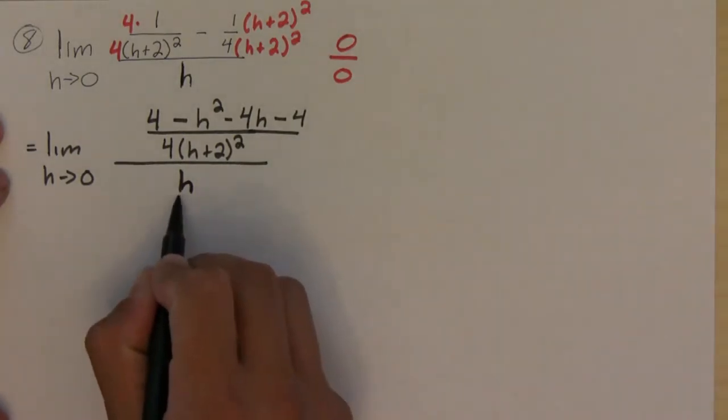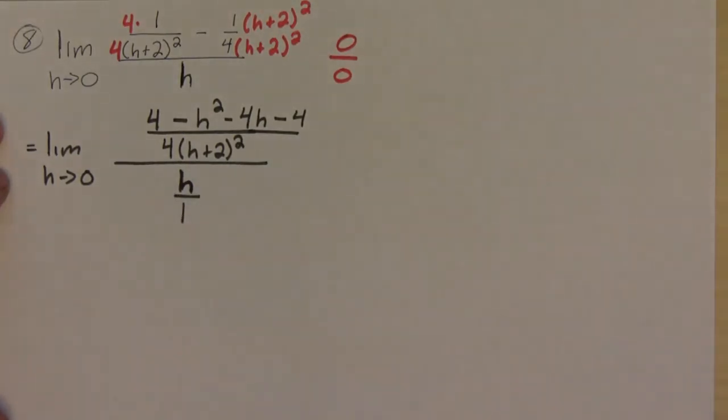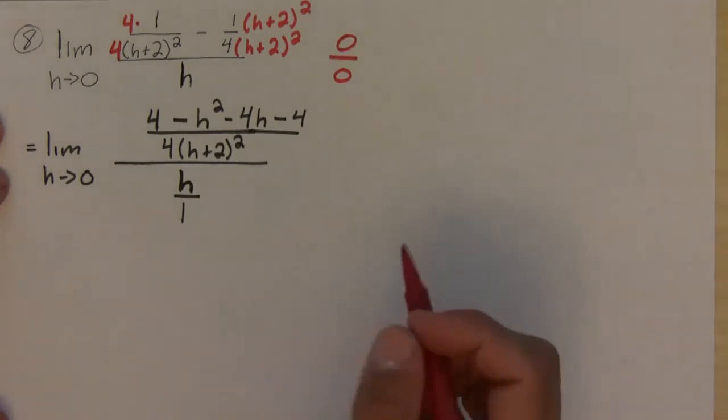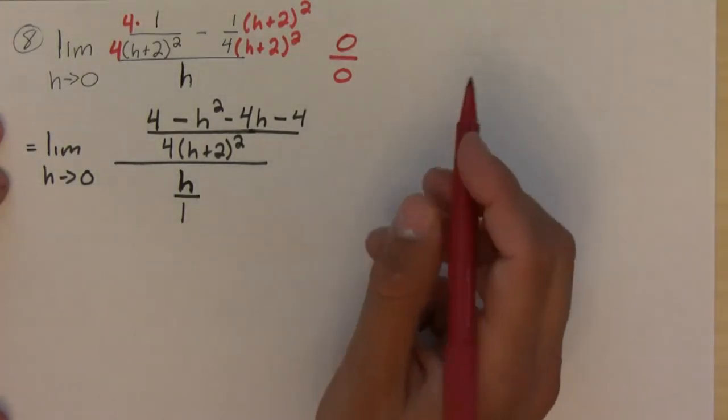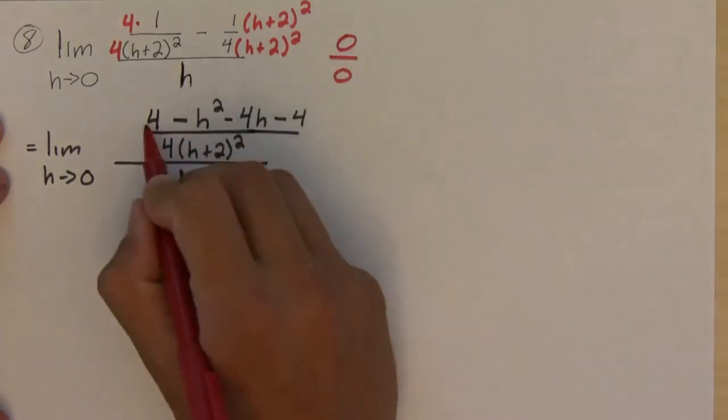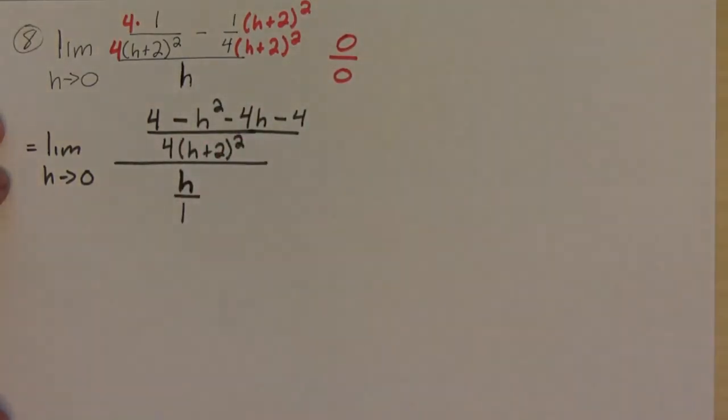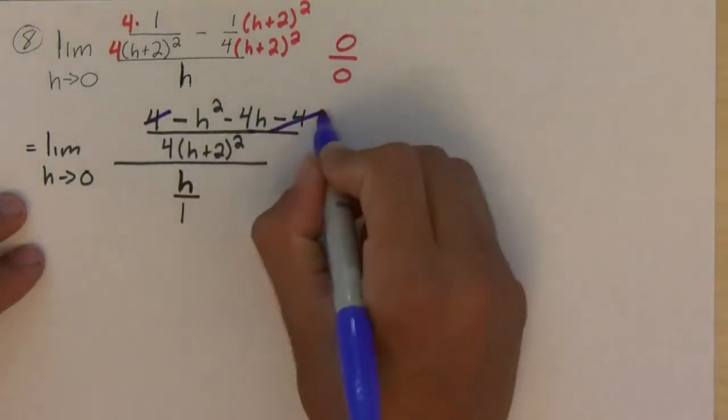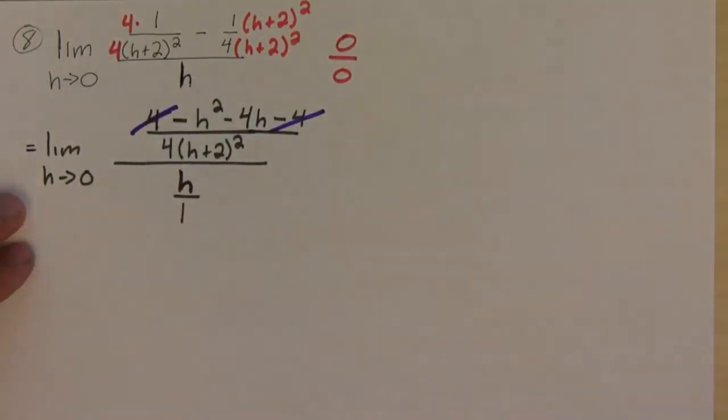Okay, now I'm going to turn the denominator into a fraction. First of all, the 4's cancel. So notice that this 4 minus this 4 cancels them out.